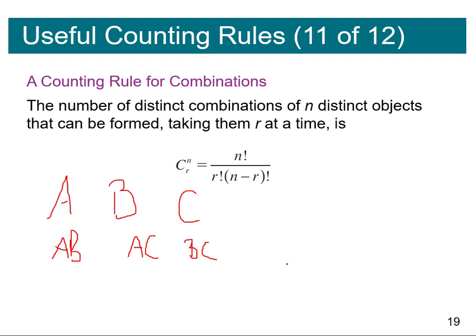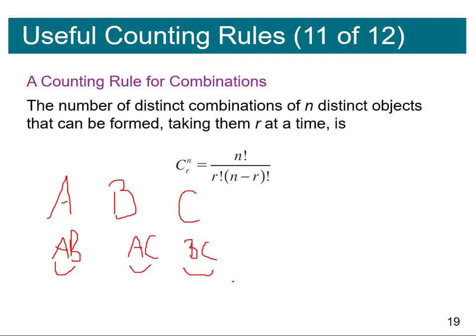But if we care about the order that we're doing this in, then we could change the order of these 2, and of these 2, and of these 2. So you can see that there are going to be more permutations than there are going to be combinations. In this case, there's only 3 combinations, but there are 6 permutations.